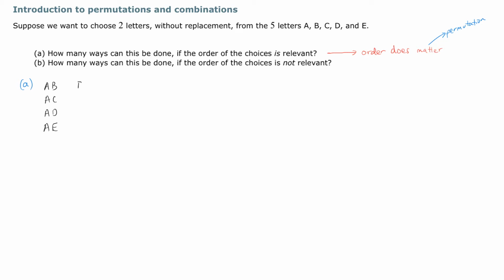What are all the orderings that start with B? BA, BC, BD, BE. And then what are all the orderings that start with C? CA, CB, CD, and then CE.